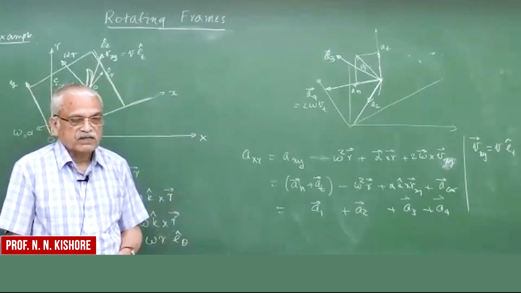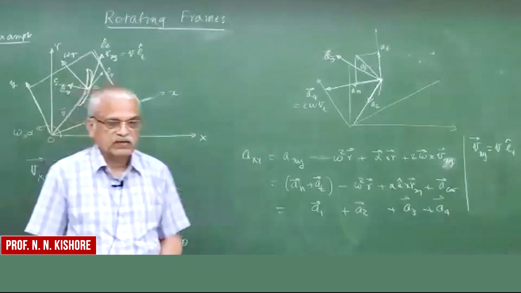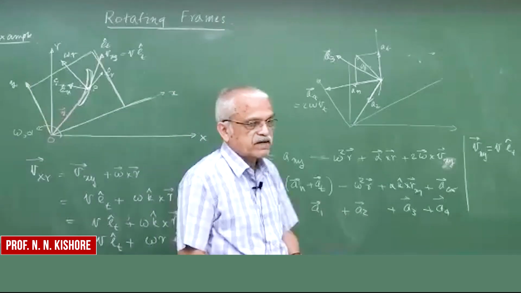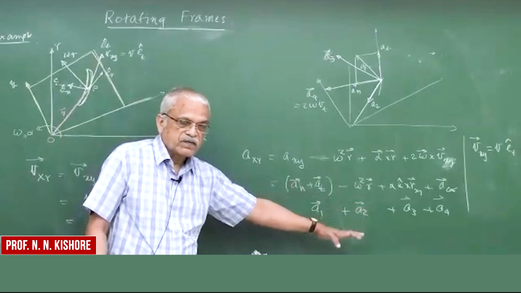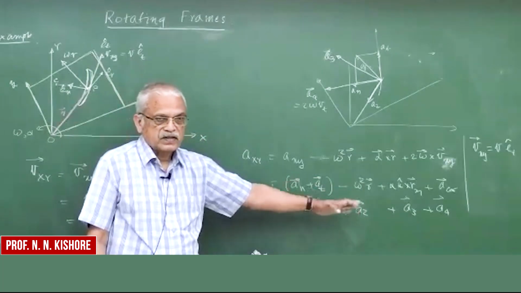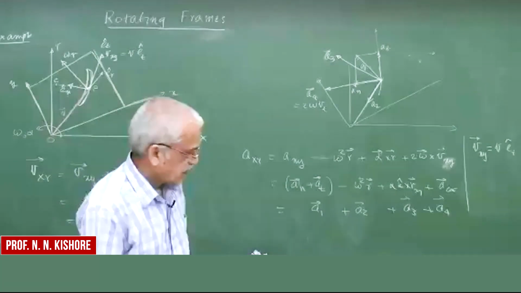All of them can be converted to i and j in the small xy frame. It is only a matter of transformation; converting from one frame to another at some angle is only a matter of transformation. Okay, I'll stop here.